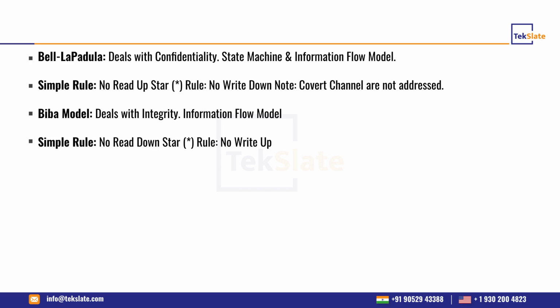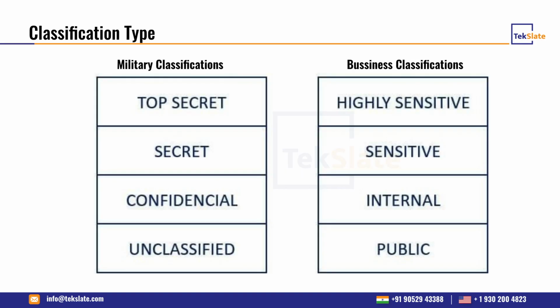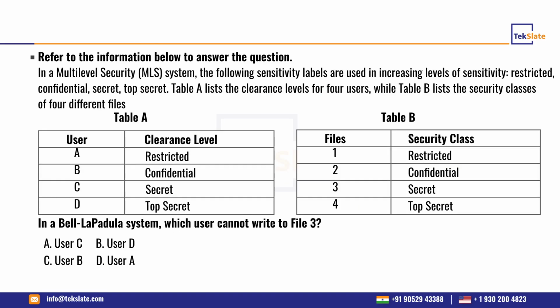The rules are the simple rule and the star rule. Now this question asks about writing the file, so the star property will be followed. Let's go to the question again. Which user cannot write to file 3? It is about writing, so we use the star property of the Bell-LaPadula model.